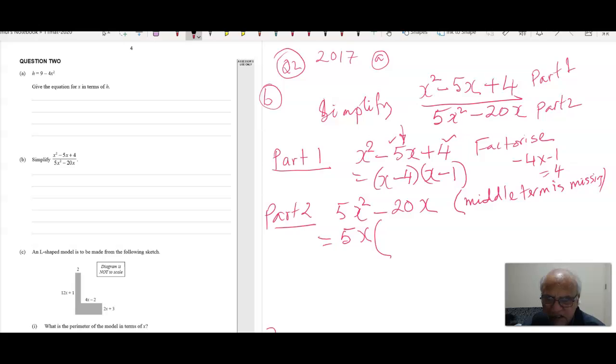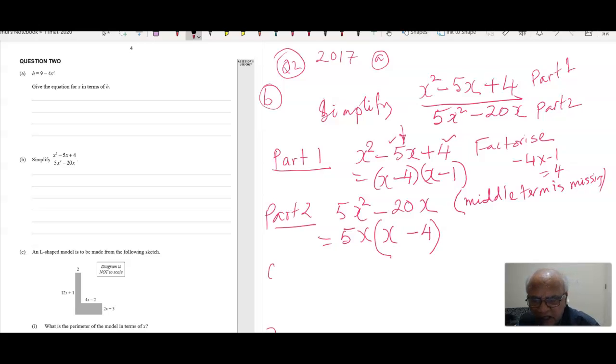So if I take 5x out of the bracket, that means if I factorize, the remaining term will be x minus 4, because 5 goes into 20, gives you 4, and x is taken out of the bracket. So once I factorize it, the second expression looks like this.